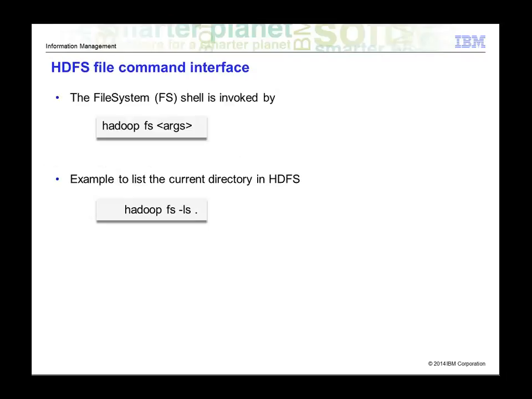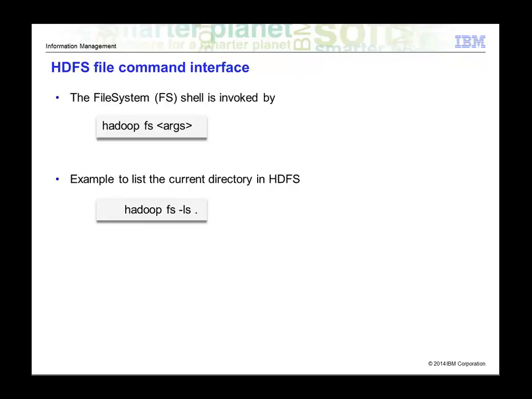HDFS can be manipulated through Java APIs or through a command line interface. All commands for manipulating HDFS through Hadoop's command line interface begin with hadoop, followed by a space, followed by the characters fs. This is the file system shell. This is followed by the command name as an argument to hadoop fs.